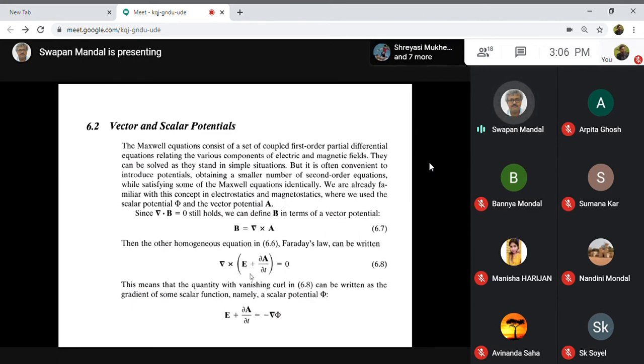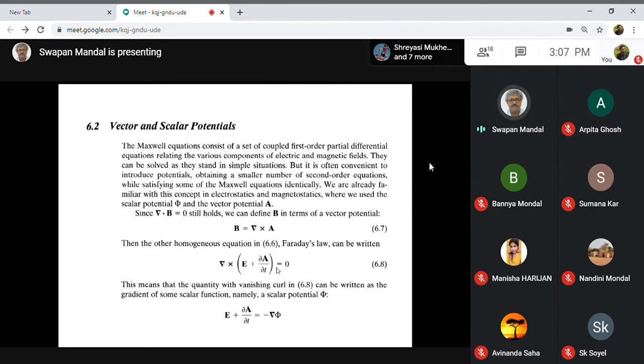Since the vector potential is related with the magnetic field, the electric field is now modified by a time-dependent magnetic field.